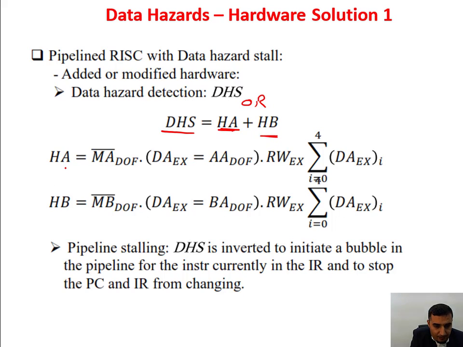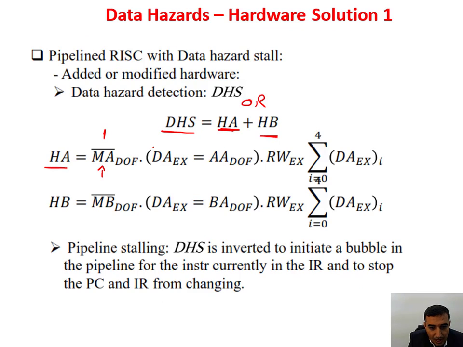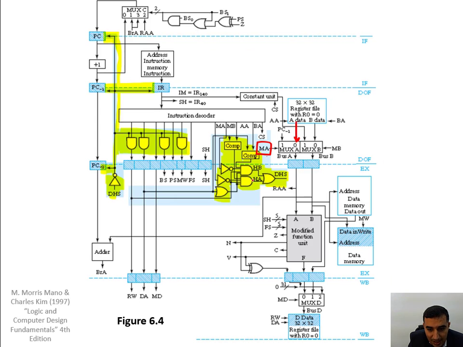Now, hazard A: if MA, mux A, is equal to 0, so this is 0 complement, which is 1. In the decode operand fetch stage, if MA, which is this one, is equal to 0, meaning I'm going to read from bus A, and this is an AND operation, the destination address in the execution stage is equal to AA in the decode operand fetch stage. Destination address, let me clear here to show you.